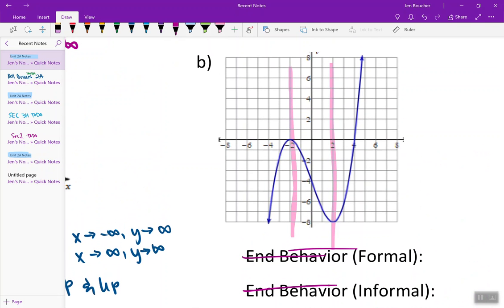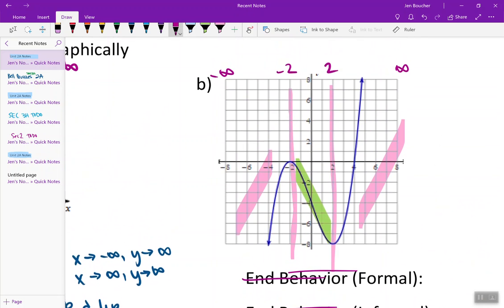It's increasing here and here, decreasing there. So, negative infinity, it turns at -2, it turns again at +2, and then it goes forever to infinity.